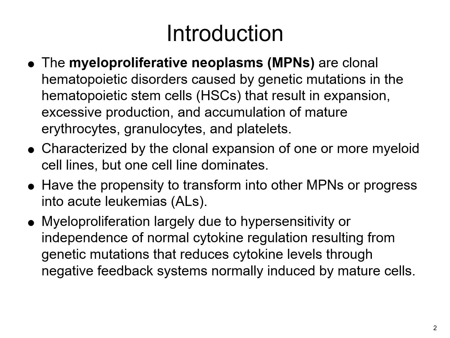Now, the myeloproliferation is largely due to hypersensitivity or independence of normal cytokine regulation, resulting from some sort of genetic mutation that will reduce the cytokine levels through the negative feedback system that is normally induced by mature cells. So basically, that response of whether or not it needs to destroy itself.